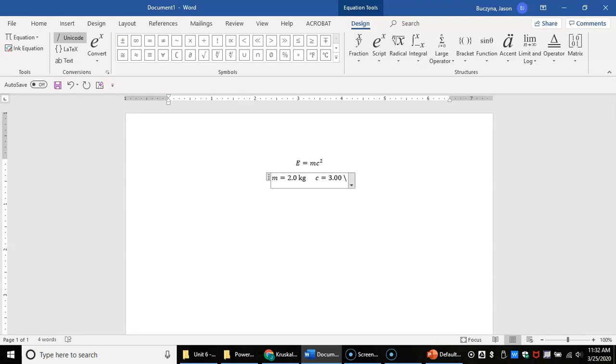So in this case, we do backslash bullet, and that gives you a normal bullet. Unfortunately, I had a space left in there, so go that times 10 to the 8th, space. If I did not do the space and I did meters per second, so I'm going to undo the italics and do meters per second. If I didn't do the space, watch what happens. Uh-oh, I didn't want that. So instead, I do a space, and now my units, meters per second, and now I have it like that.